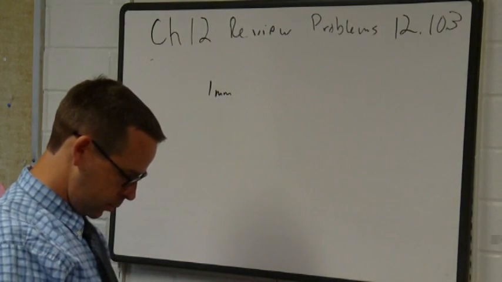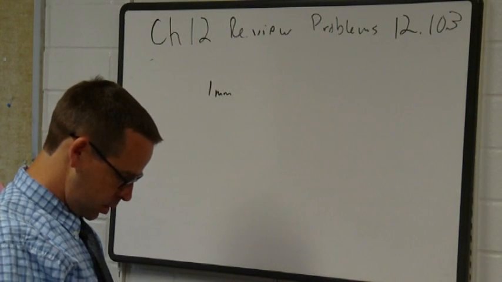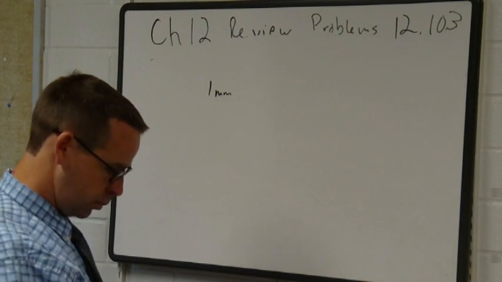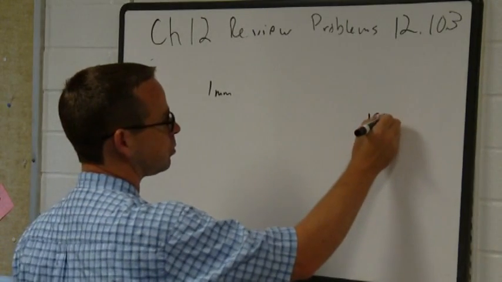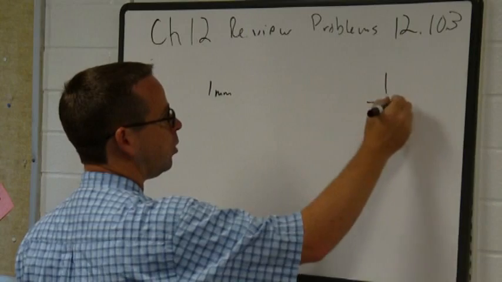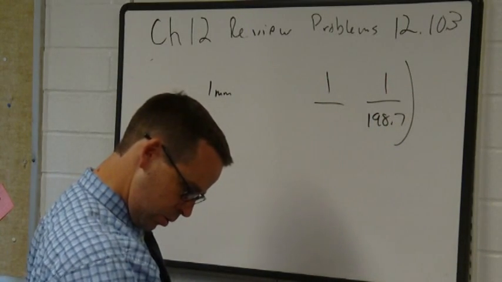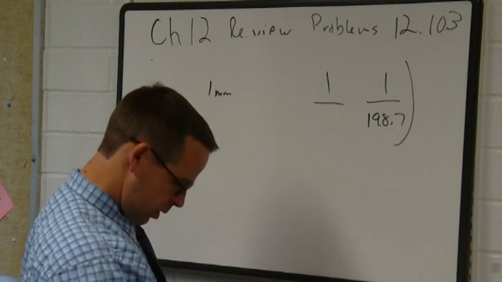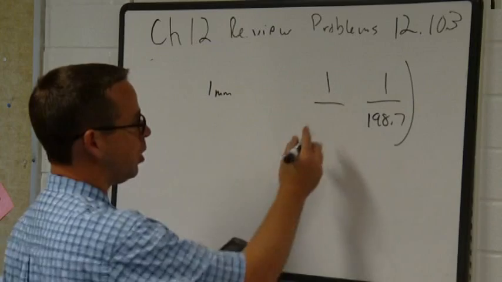So we have 273 minus 74.3, that'll give us the Kelvin, 198.7 Kelvin. And what's the other temperature? 18.7, so 273 plus 18.7, 291.